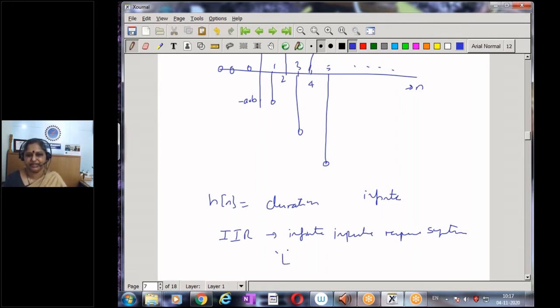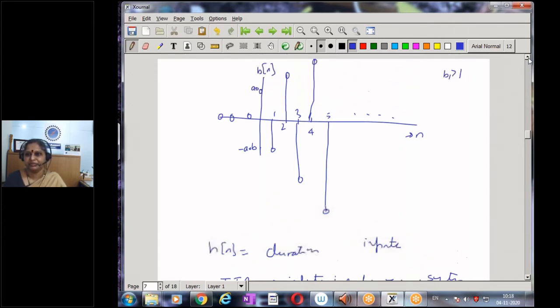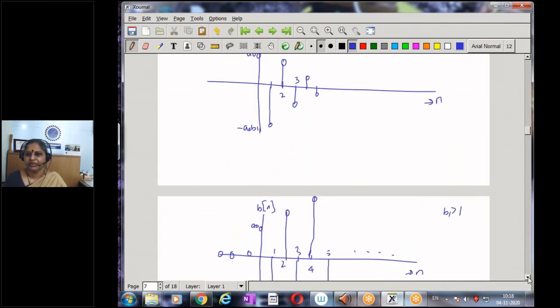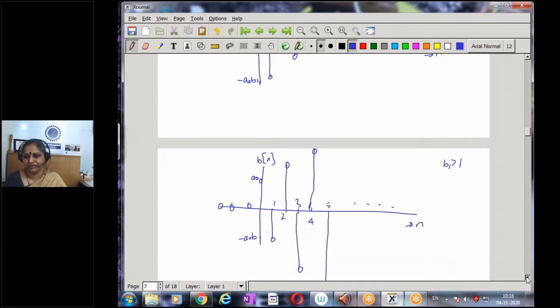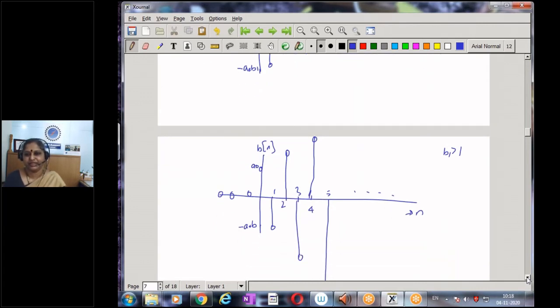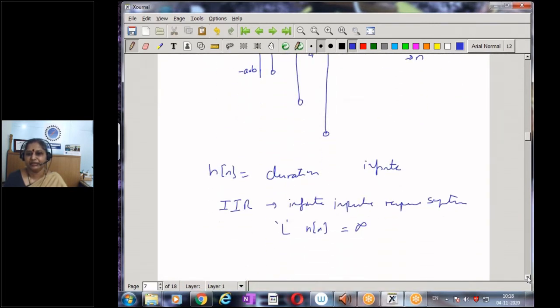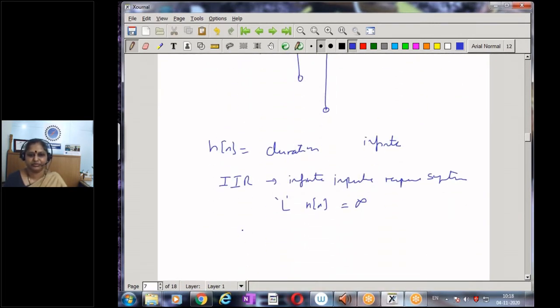That is, the length of h of n is equal to infinity, and hence we call it an IIR system. Now you see, depending on the constants a0 and especially the constant b1, the summation of the impulse response could either be finite or infinite, and hence once again we can comment on the stability of the system.